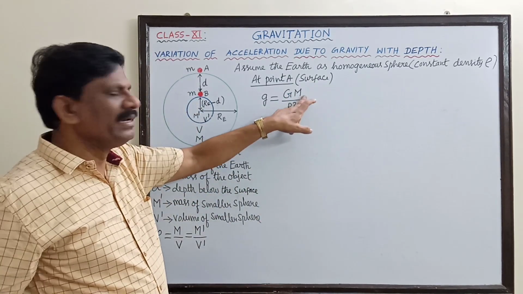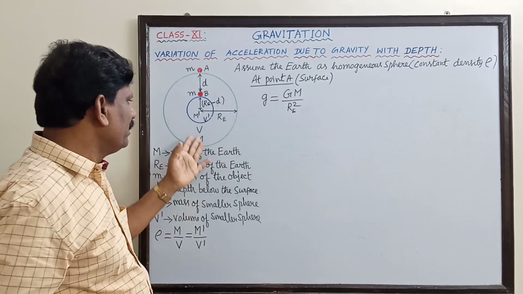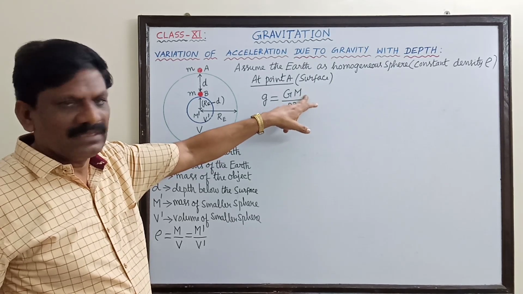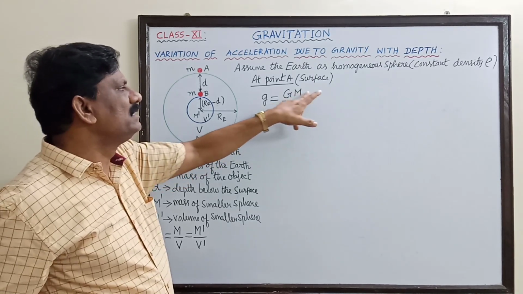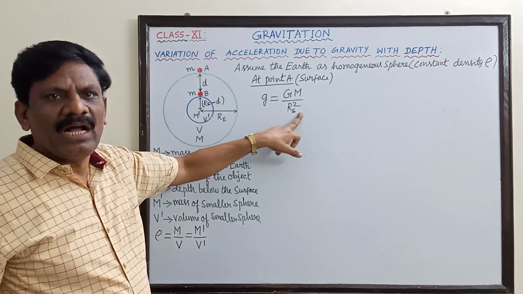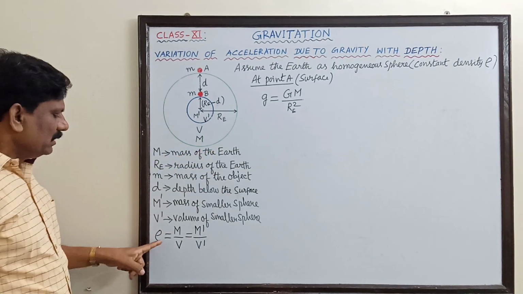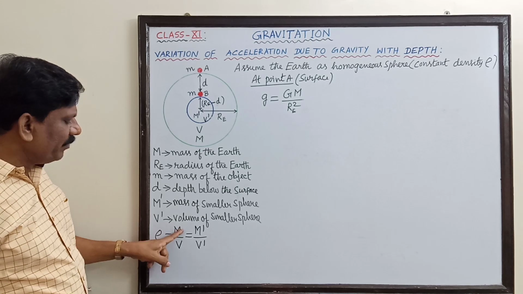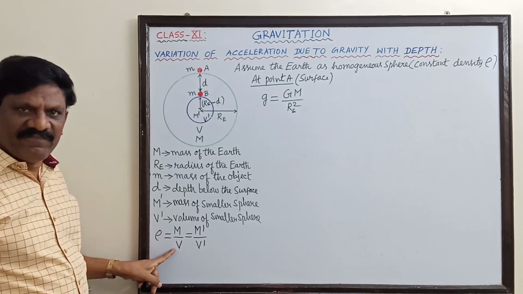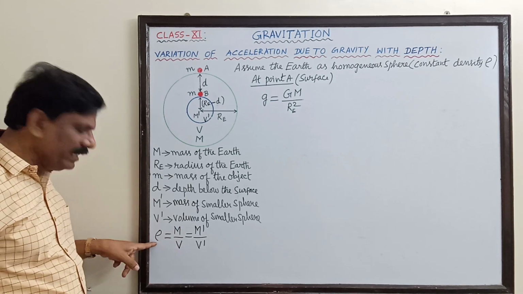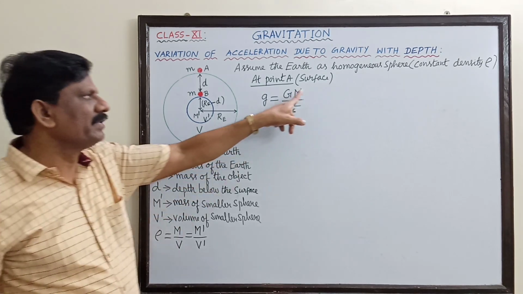You can use the symbol ME also, but here let us assume capital M itself is the total mass of the earth. So small g is equal to G M divided by Re square. Now since rho is equal to capital M divided by V, I will substitute capital M is equal to rho into V.